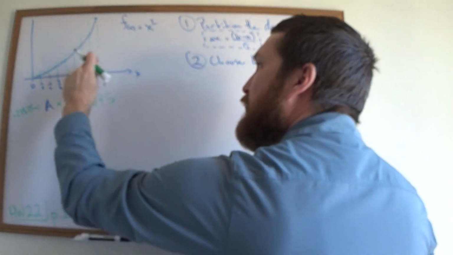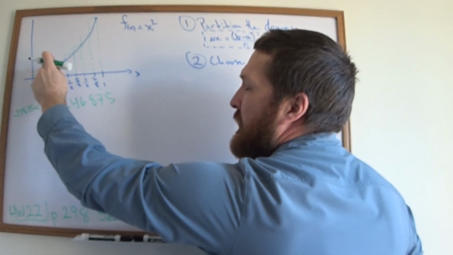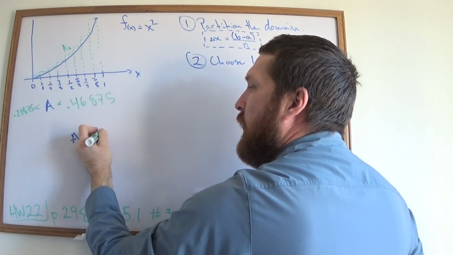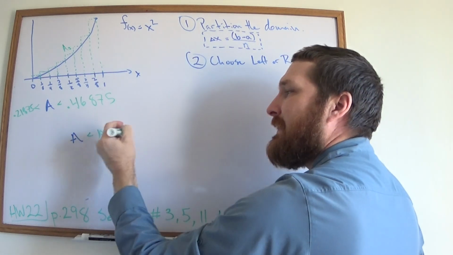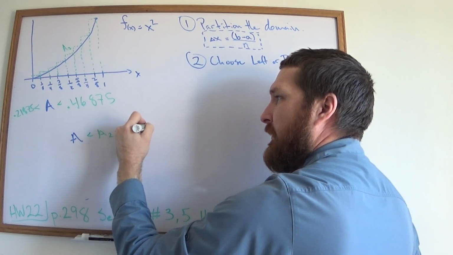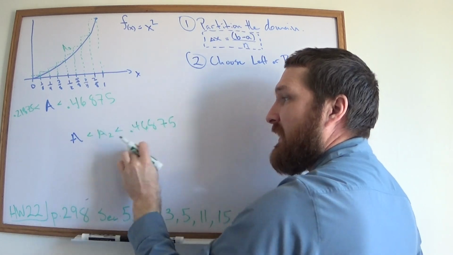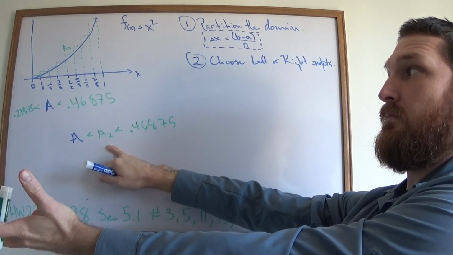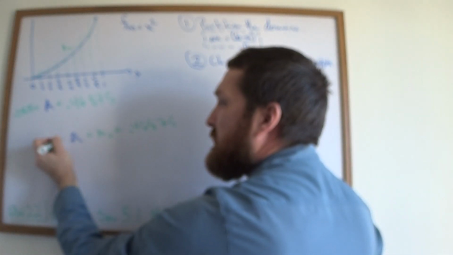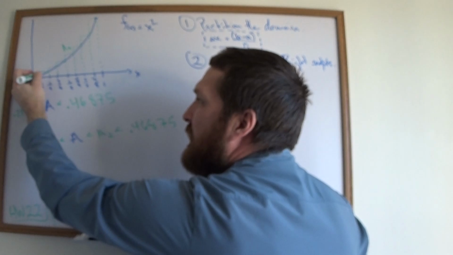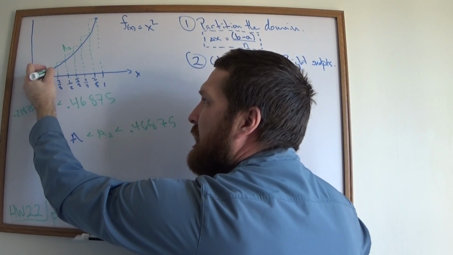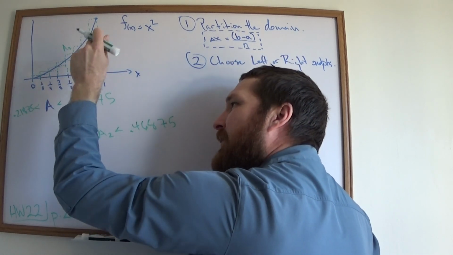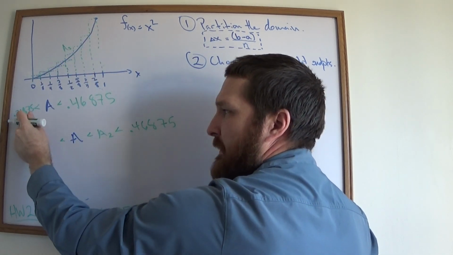So the new overestimate that we get here, let's just call it A2, would be less than the last one that we got. And we could see that it is still bigger than the actual area that we want, right? And we could see that if we did the underestimate here, it's still an underestimate, but it's a better underestimate than this guy.